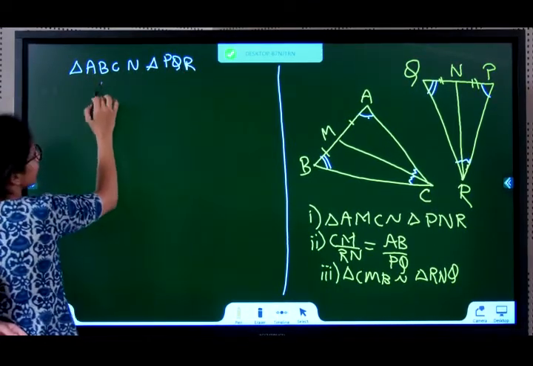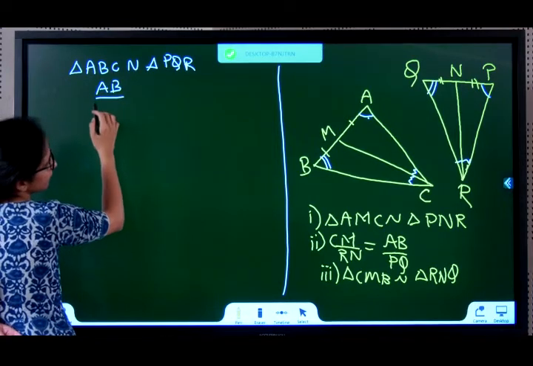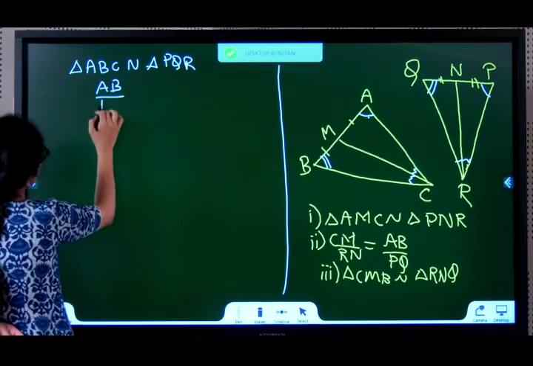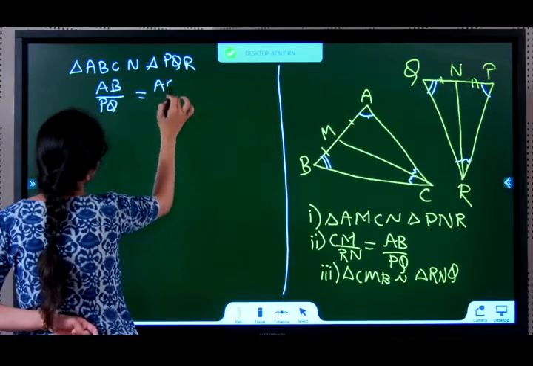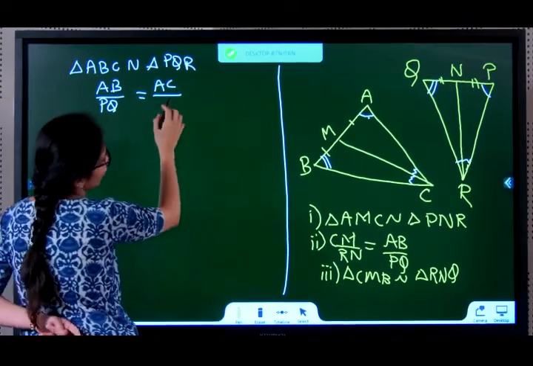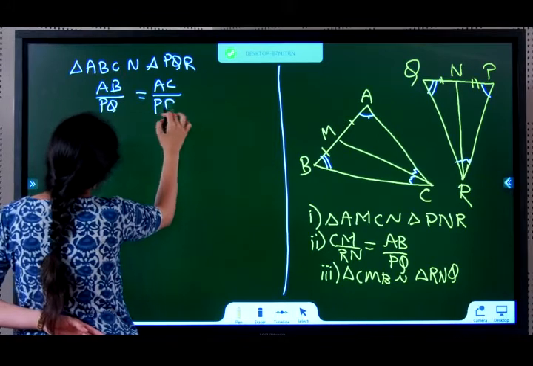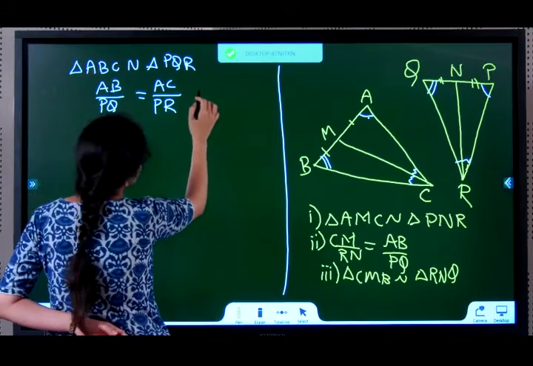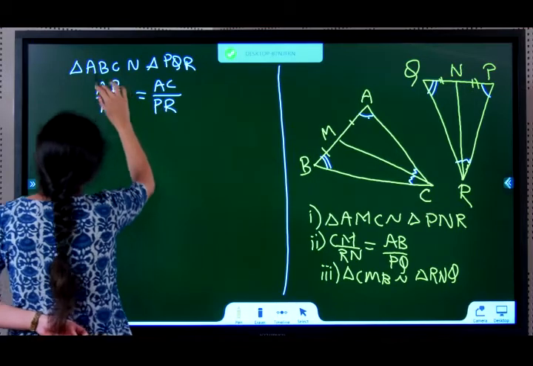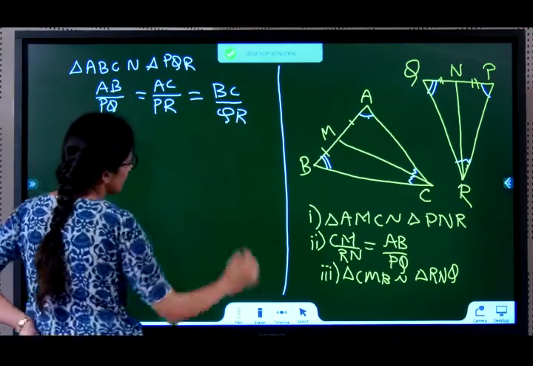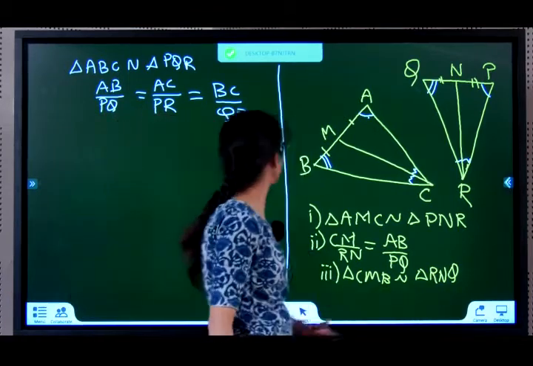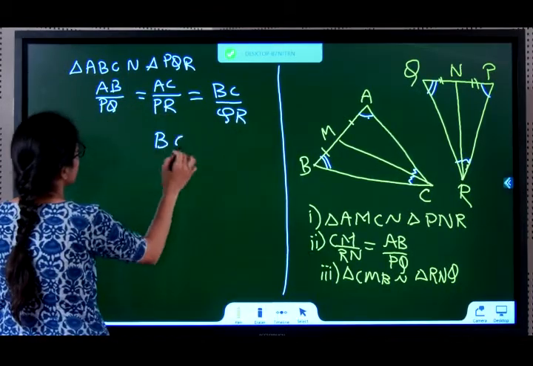So, what does that mean? AB by PQ, I want BC. So, we already have this, we have already written it on top, AC by PR, you can label that as equation 1 or 2, and use that itself, no problem. AC by PR and this is BC by QR. In this triangle I want BC and QR, so from this I will choose BC and QR.